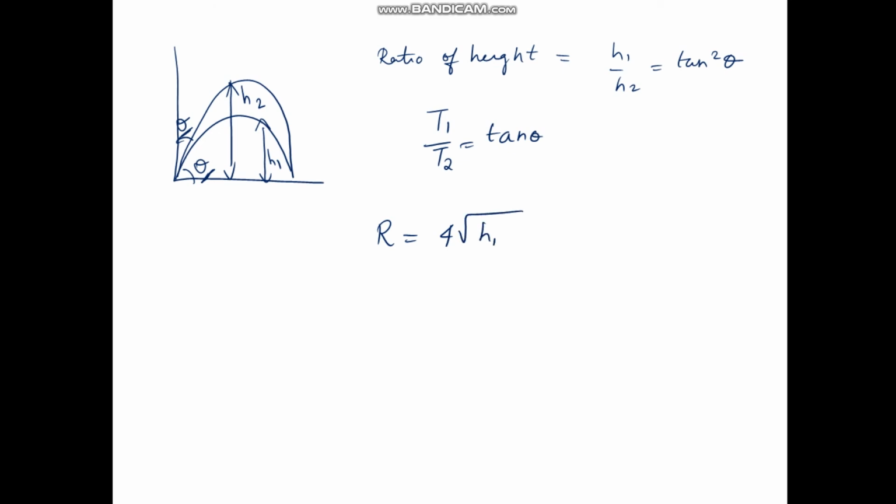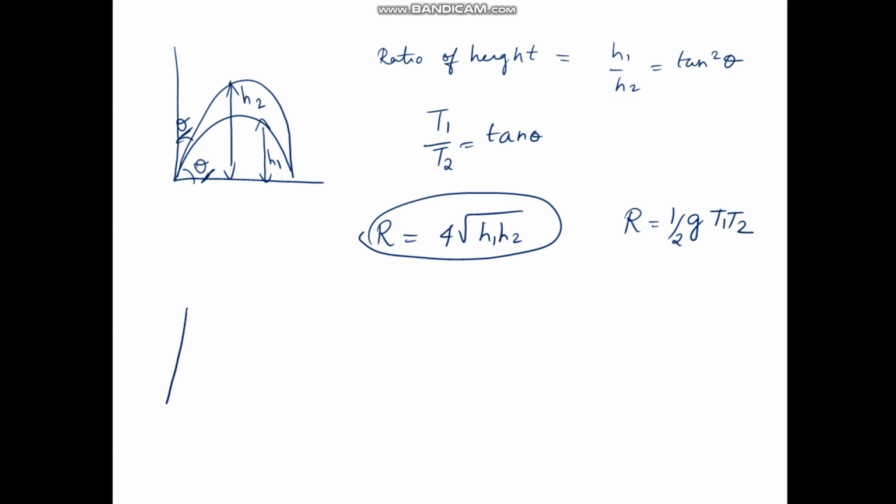Then the ratio of heights h1 by h2 is equal to tan square theta. Here in both cases theta is the same. Next, the ratio of time of flight is tan theta, and the range reached is 4 into root of h1 and h2, and this is the most important formula. You can also say that the range reached is 1 by 2 into g into t1 into t2.